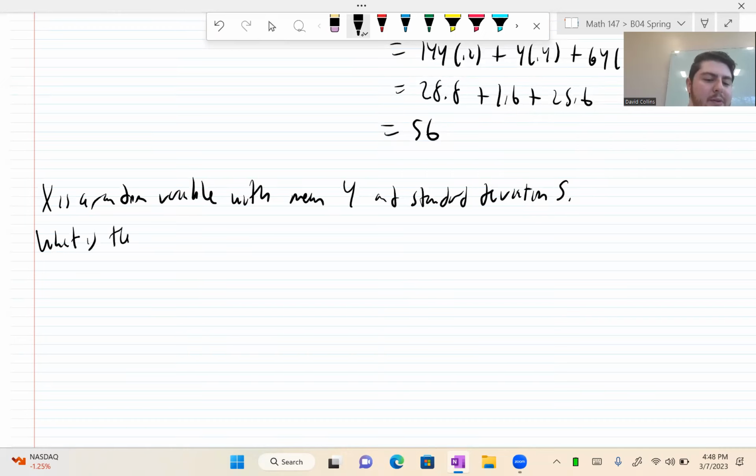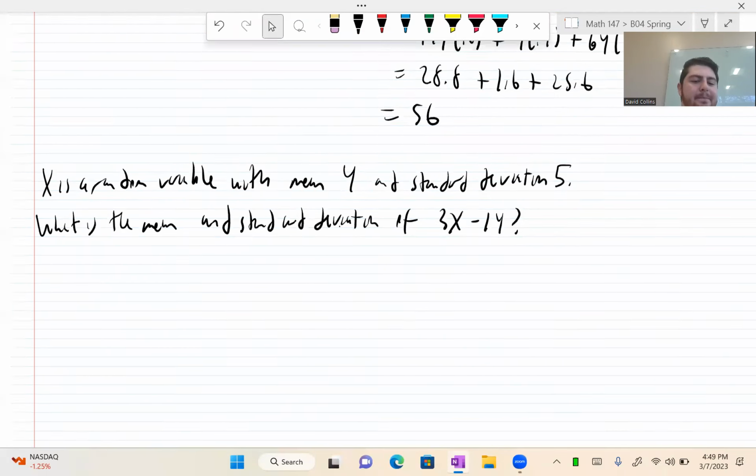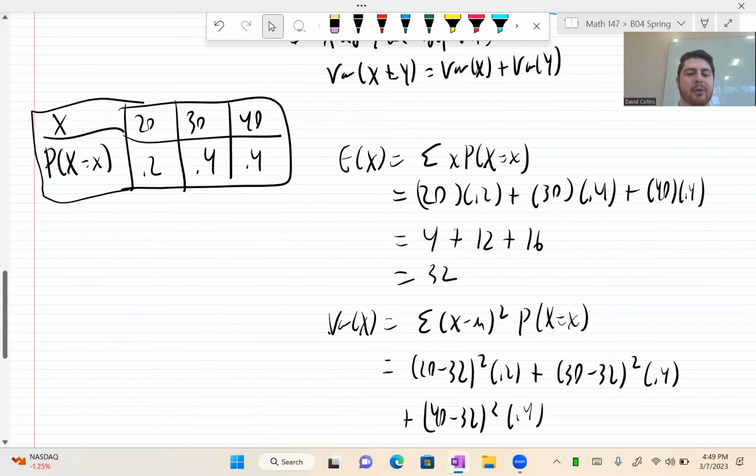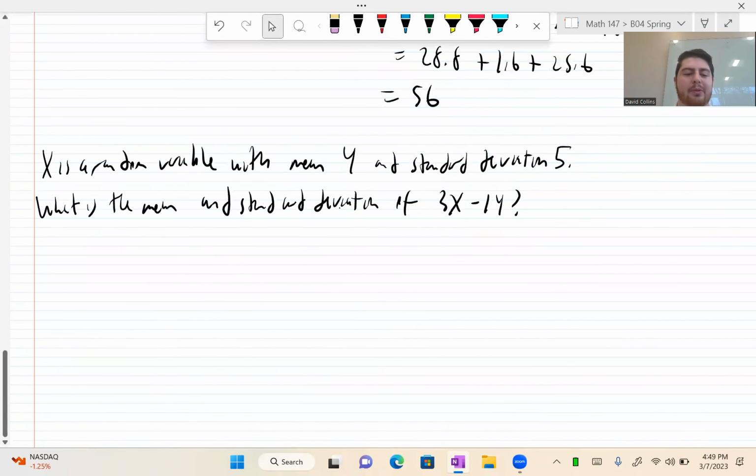What is the mean and standard deviation of 3x minus 14? You will see something exactly like this on your test with different numbers, because this is the best way to test. This will test every single one of these rules. Well, I guess not with 2 variables.